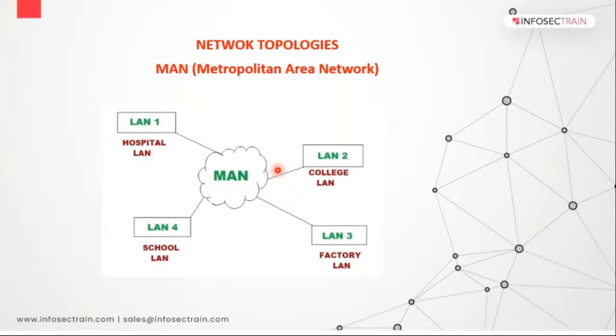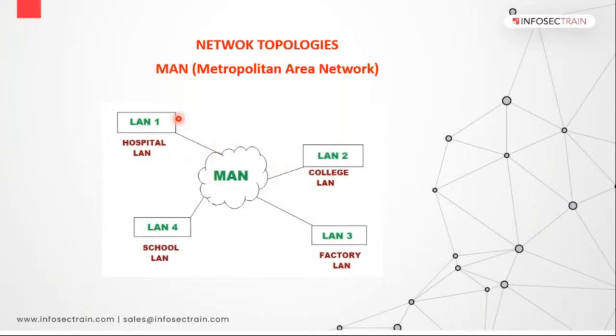Your metropolitan area network, as the name suggests, has the range of 50 to 100 kilometers. So when you are communicating within the city, only inside the city, that is your metropolitan area network.